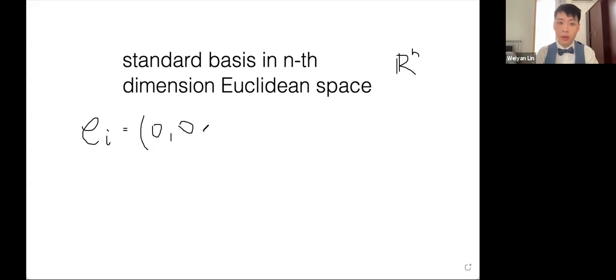So it would be 0 everywhere except in the ith dimension, and then 0 everywhere else.